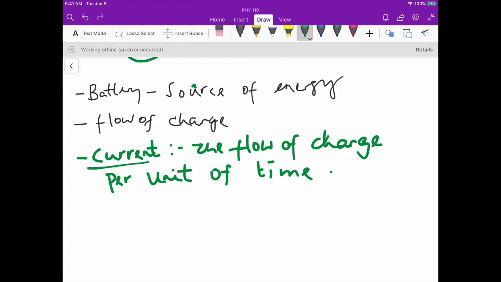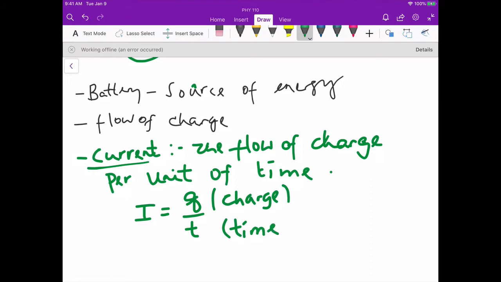Current means the flow of charge per unit of time, and it's symbolized by the uppercase letter I. And we say that it's I = Q over t, right? Q is charge and t is time. And of course, I is our current.